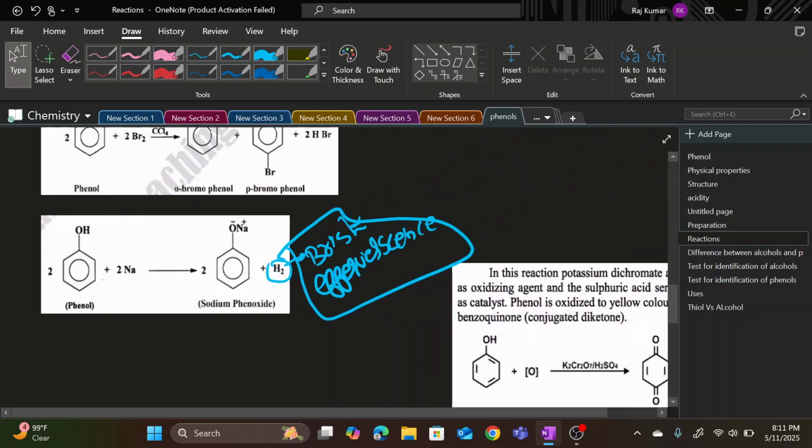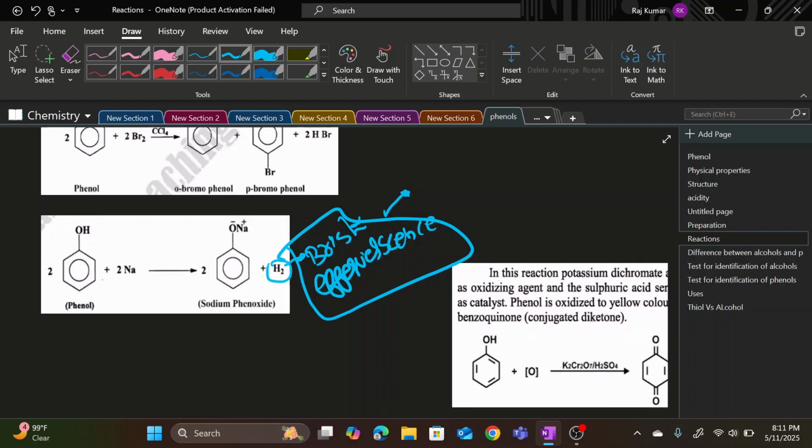This reaction is the identification test for the presence of phenol or alcohol. Whenever we react sodium with phenol or alcohol, hydrogen gas is evolved, which indicates there is either phenol or alcohol in the solution.